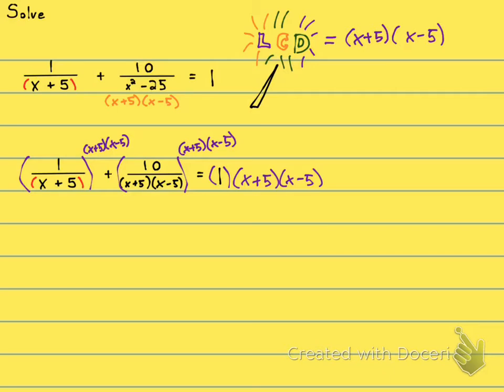In my first term, x plus 5 over x plus 5 reduces down to 1. So all I'm left with is 1 times x minus 5. 1 times anything is itself, so I'm left with x minus 5, no denominator, plus the second term: x plus 5 cancels with x plus 5, x minus 5 cancels with x minus 5, and all I'm left with is a 10.